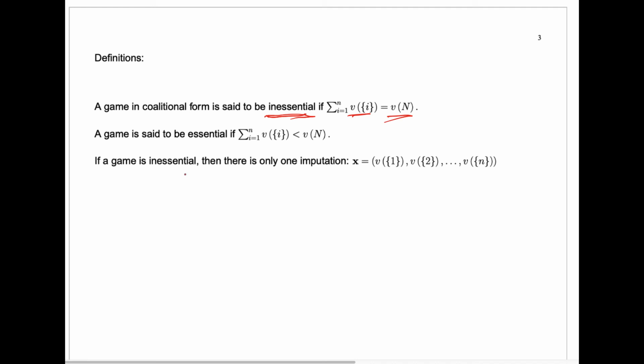We say a game is essential, that's the opposite. That would be an interesting game. If this equality is not true, in other words, the sum of the values for the individual players is less than the value of the grand coalition. I should remind you there's no way we can have the sum being greater than the value of the grand coalition because of this superadditivity feature.